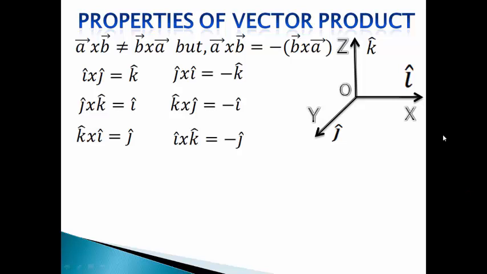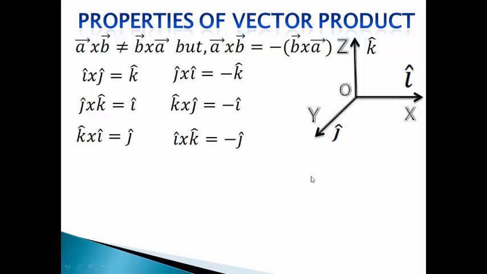Now the simple way to remember is that if you move from i, j to k, then the cross products are positive, and if you reverse the direction and move from k, j to i, then the resultant will be a negative quantity.